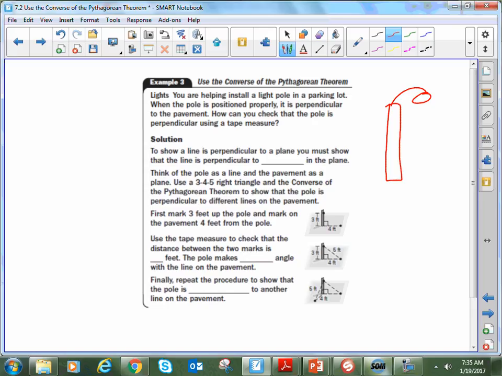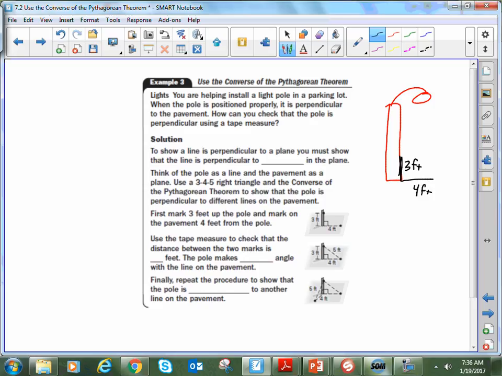So what they're going to say is, let's just use what we know about Pythagorean triples. We know 3, 4, and 5 will give us a right triangle. So they're coming up here 3 feet, and they're going to measure in one direction 4 feet.